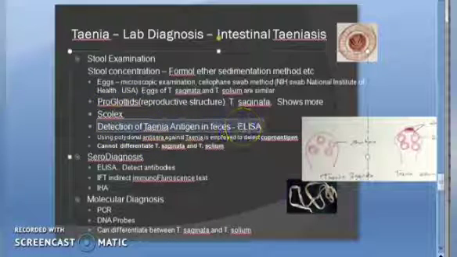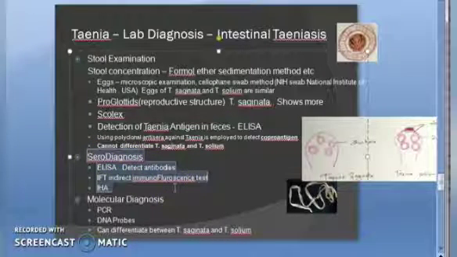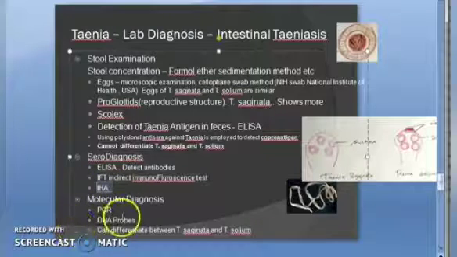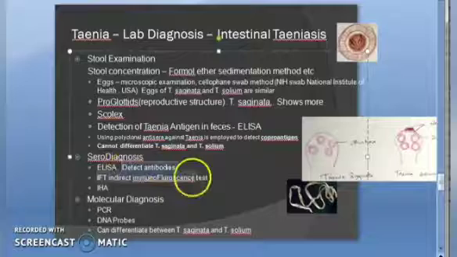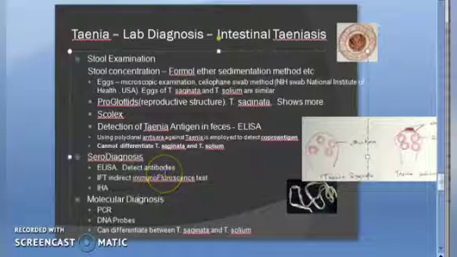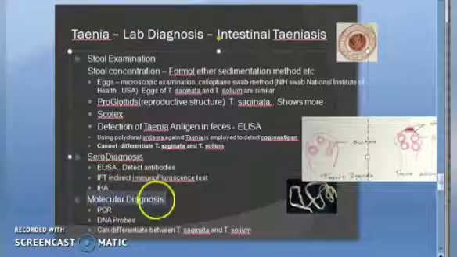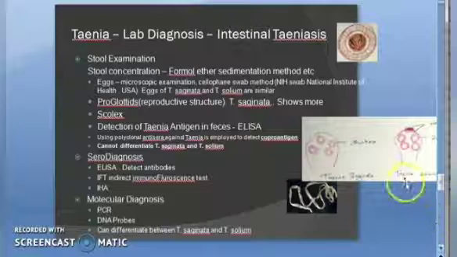You will detect the antigen. Serodiagnosis: ELISA, IFT, IHA, that is hemagglutination. IFT is indirect immunofluorescence test. Then you will detect the antibodies to cysticercosis. Then molecular diagnosis, PCR, DNA probes, but you cannot differentiate.